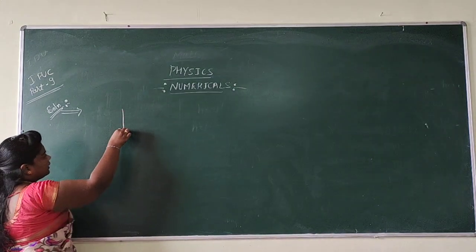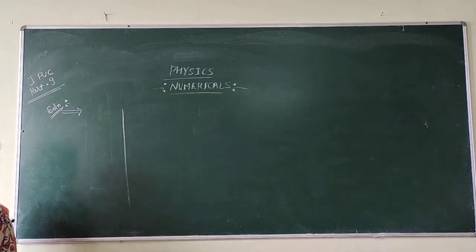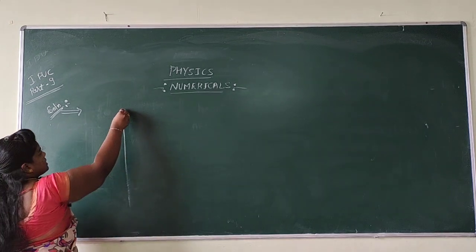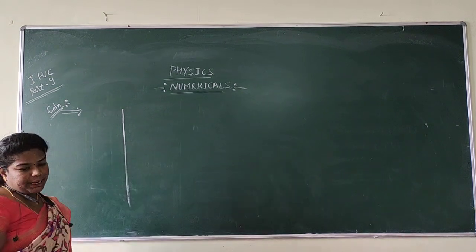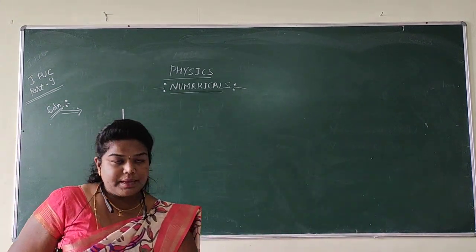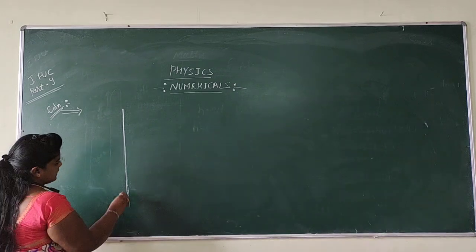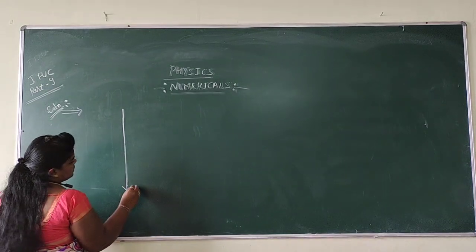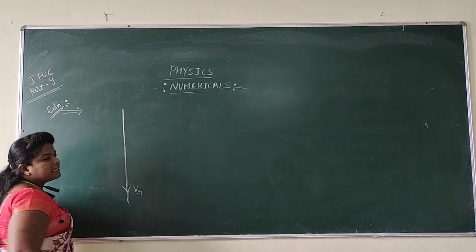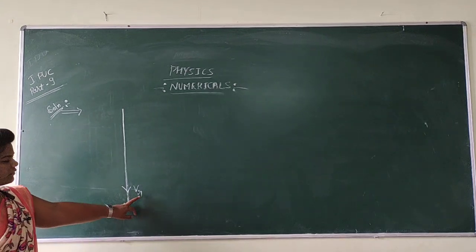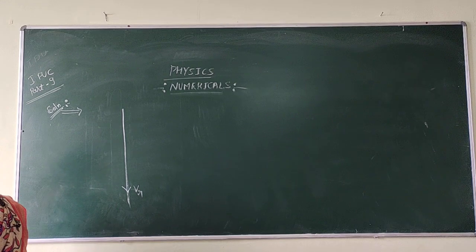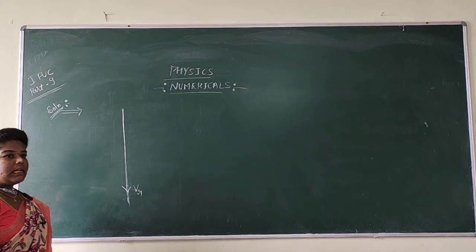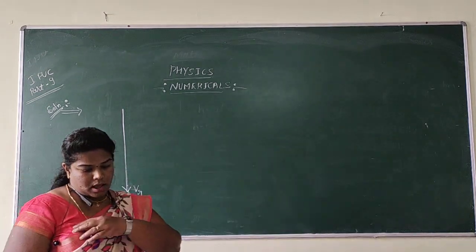So what is the speed they have given? The speed of that is going to be 30 meters per second. So I am just going to write it as VR, the speed of rain. Velocity of rain is represented by VR. And the question is continued.